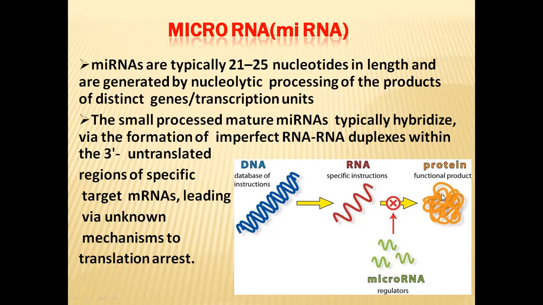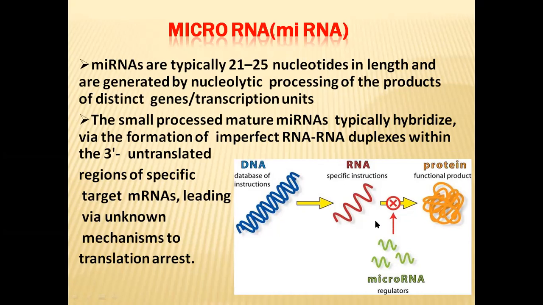In some cases, some protein synthesis is not required by the cell. In such cases, microRNA comes into the picture, and if by mistake the mRNA is produced, it will destroy that mRNA and disturb this translation process, and ensure that the protein is not synthesized in the cell.